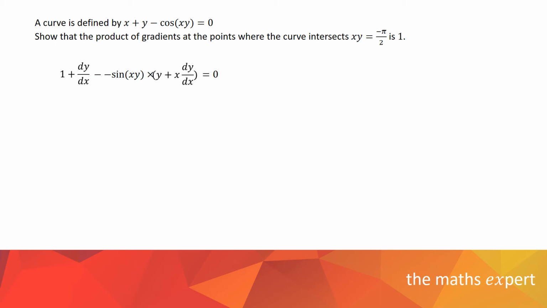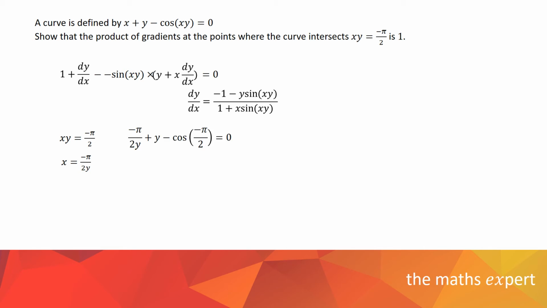I can now rearrange to get an expression for dy by dx. Now the curve intersects xy equals minus pi by 2 when x is equal to minus pi over 2y. When I am finding coordinates, I always deal with the original function or relation. I can now substitute this in to find my y coordinates of plus or minus root pi over 2.